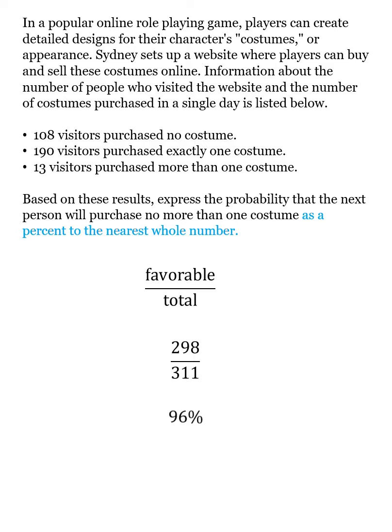There were only 13 of those. So it seems logical to me that there would be a very high likelihood that someone bought no more than one, because the people who did buy more than one were only 13 out of over 300. So this very high probability, close to 100%, seems to be fitting for this particular problem.